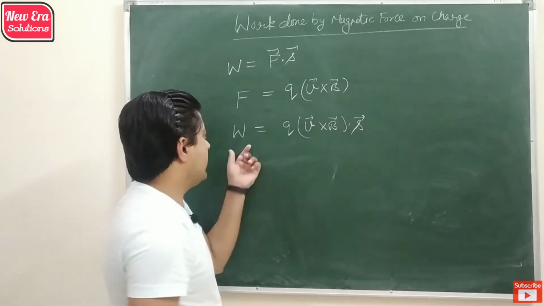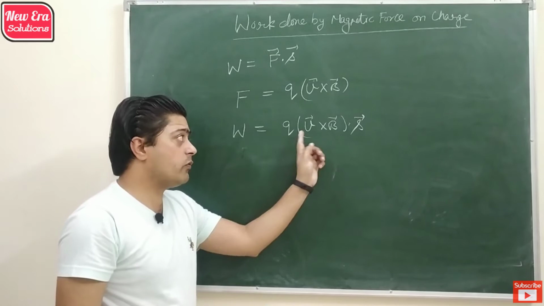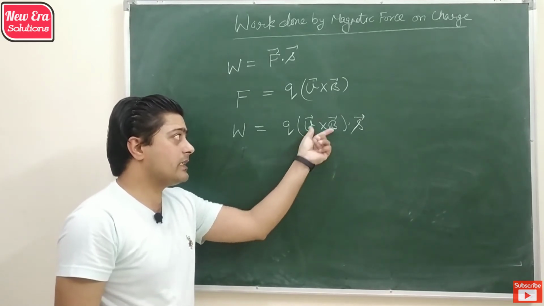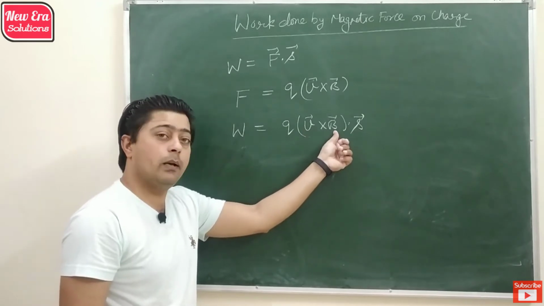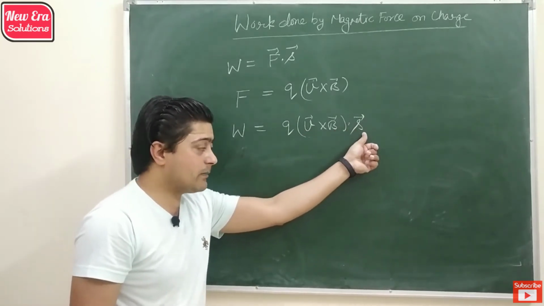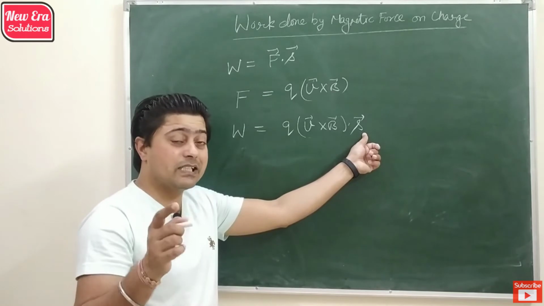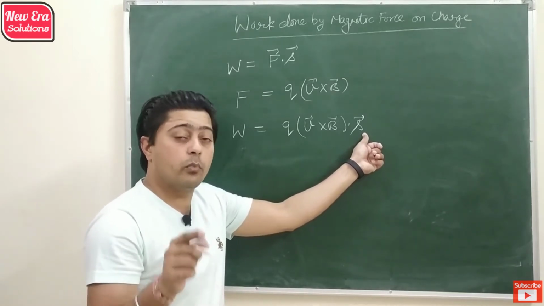In the given expression, V cross B is in the direction perpendicular to both velocity and magnetic field, and the displacement of the object is in the direction of motion.